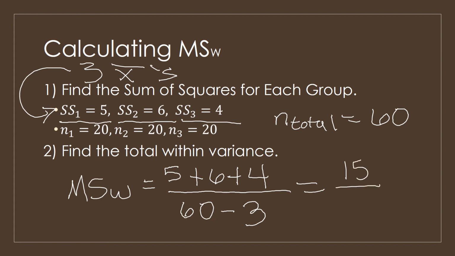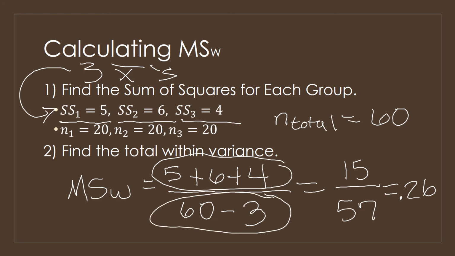And then we're going to divide by 57. So 15 divided by 57 is 0.26. That's it. So it's the sum of squares, you just add those up on the top here. Then do the total N minus the number of groups that you have.